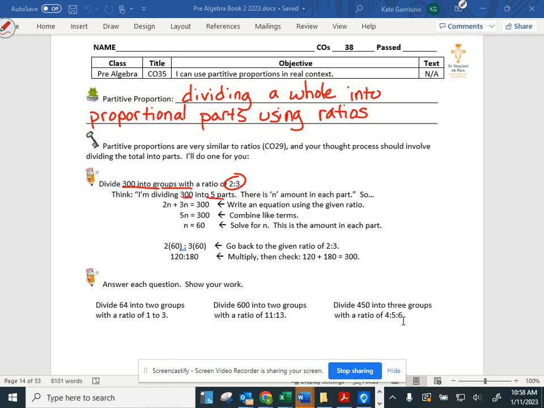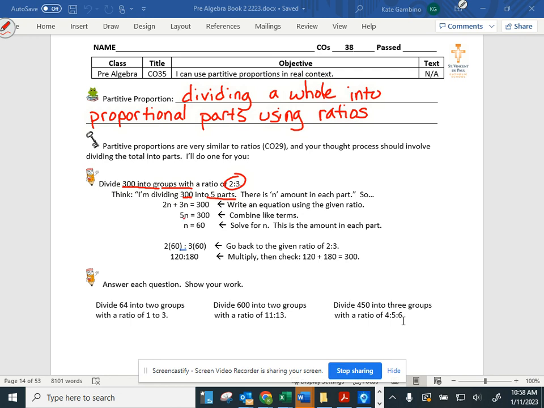So 300 into 5 parts. So there's an n amount for each part. So we're tying in our variables. So 2n plus 3n. We know 2 plus 3 equals 5, but 2n plus 3n equals 300.